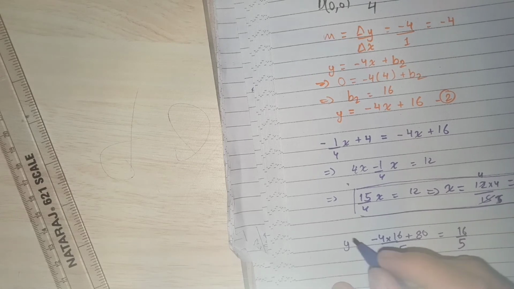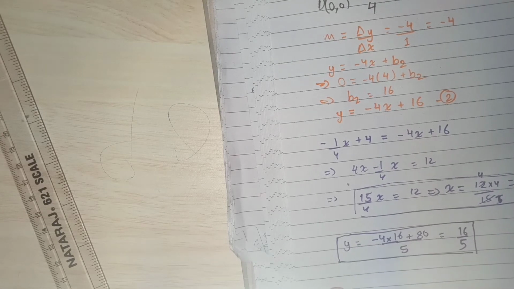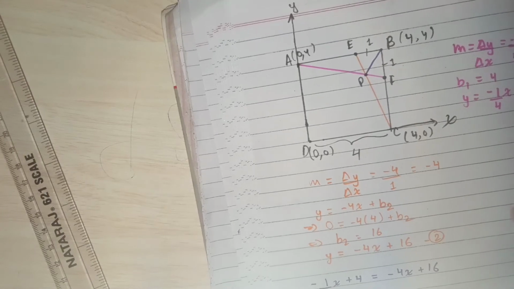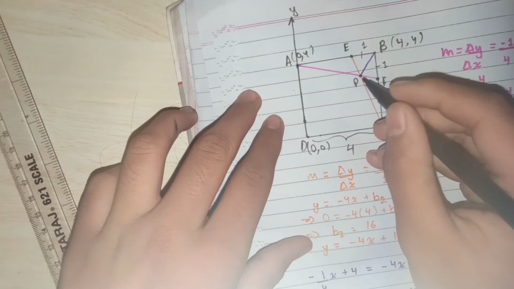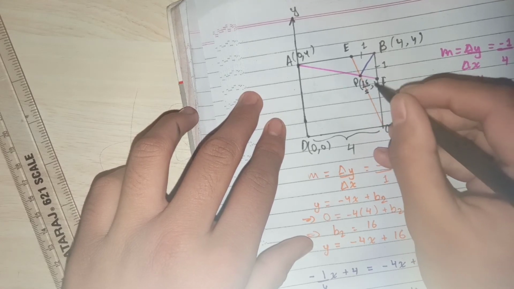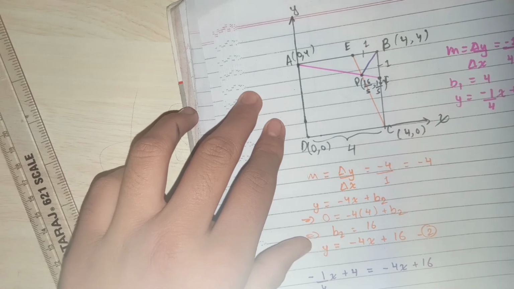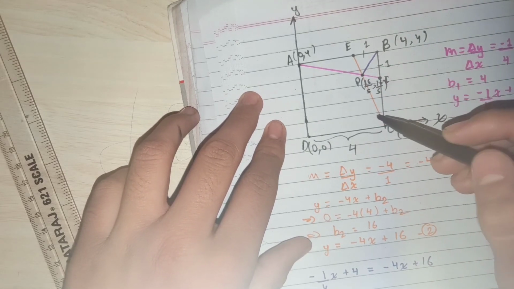So I have figured out the y coordinate of P as well. Back in our diagram, we can say with surety that this is the point (16/5, 16/5). Alright, so how can we now figure out the distance between these two points?